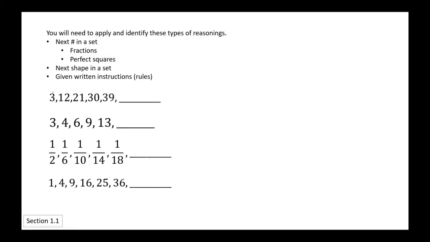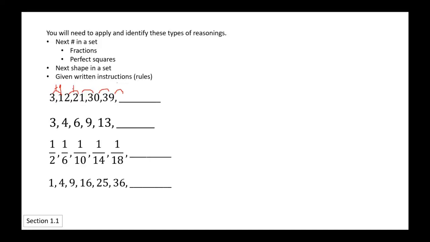So you go 3 to 12, 12 to 21, 21 to 30, 30 to 39. What is next? One of the things you can do is just figure out, well, are they adding the same thing? Are they multiplying by the same thing? 3 times 4 is 12, but 12 times 4 certainly isn't 21, so that doesn't appear to be the pattern. 3 plus 9 is 12.